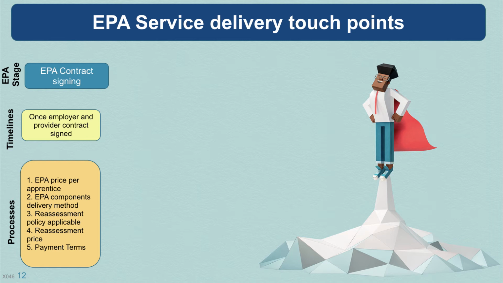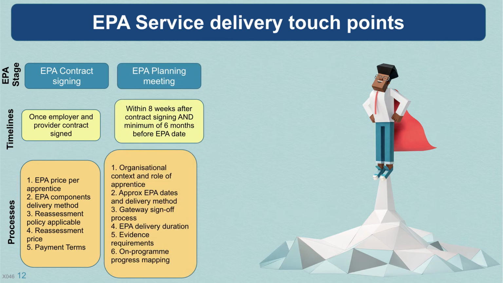Once you sign the contract, again, your account manager would be getting in touch with you to set up an EPA planning meeting. Ideally, we say within 8 weeks from the contract signing, and definitely at the latest 6 months before the first approximate EPA date that's scheduled. And at the EPA planning meeting, we will go through a number of different things, which I will detail a bit later on.